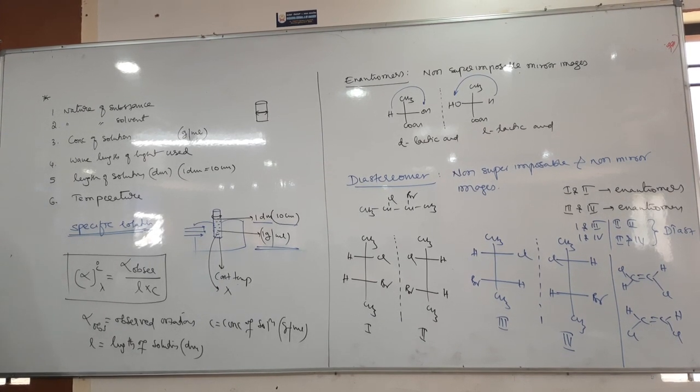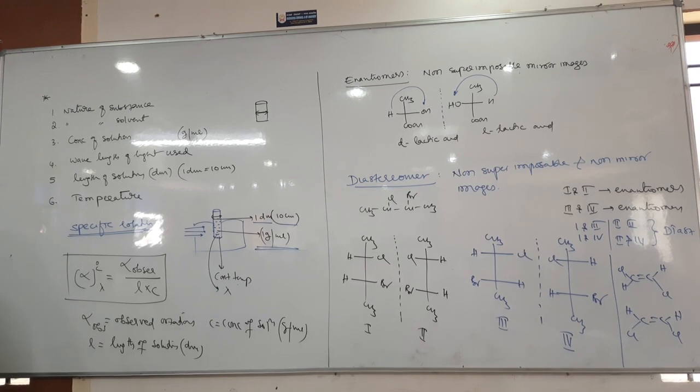Next point, the fundamental criteria for enantiomerism is chirality, but not chiral carbon.